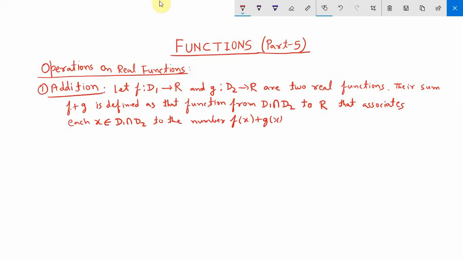Okay, so the domain will be D1 intersection D2.